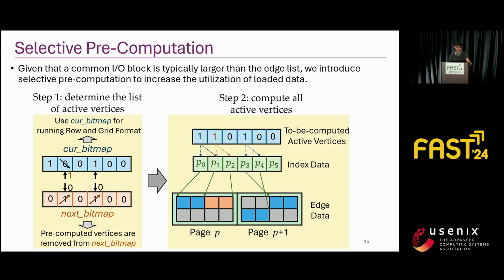So in this example, in this page P, the blue one is the current active vertex and the orange one is the future active vertex. If we enable the selective computation, then we can increase the utilization of the loaded page P, and therefore we have a better chance to reduce the I/O further.